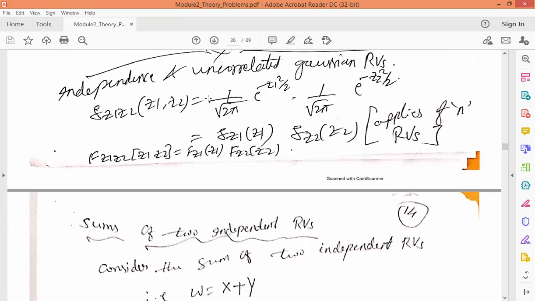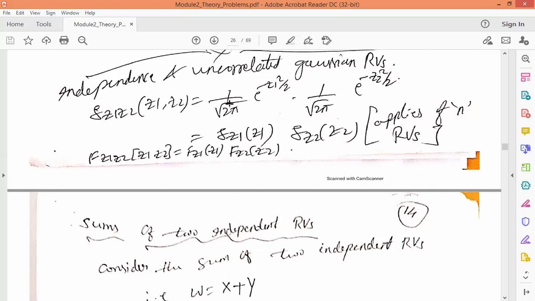I'll just repeat the sentence. Suppose the Gaussian random variables z1 and z2 are uncorrelated; in that case the correlation coefficient rho z will be equal to 0. Then we can simply write the bivariate Gaussian PDF f z1 z2 of z1 comma z2 as the product of the two marginal PDFs.